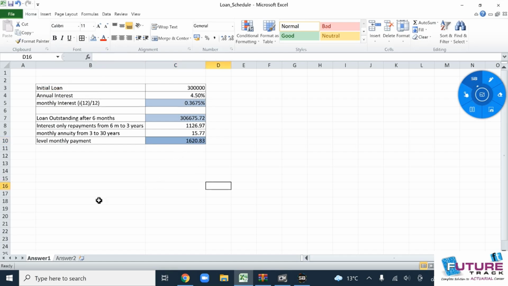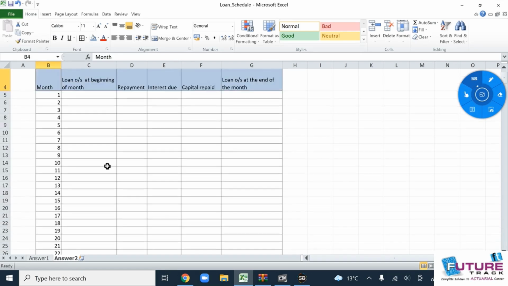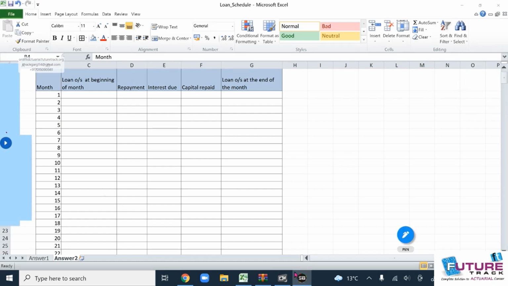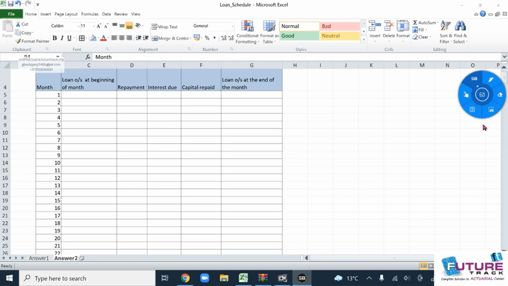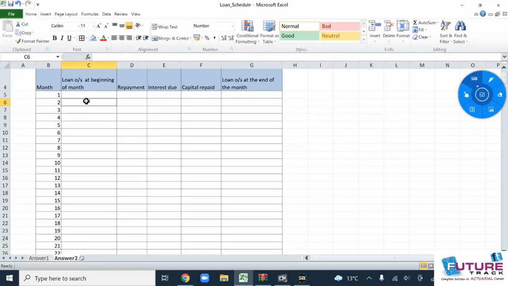Fine. So class, next we have to create a mortgage plan. We have to make the mortgage schedule as per the question. If you check the question, it says construct the loan schedule for the mortgage. So let's make a loan schedule for this. Now class, loan outstanding at the beginning of the first month is what?